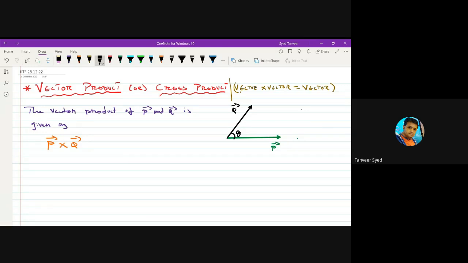Of course, it is drawn in the same way, but when you read it, you should read it as cross, not into. So vector P cross vector Q is equal to magnitude of vector P multiplied by magnitude of vector Q into sine theta. In scalar product, we had cos theta. Here we have sine theta.